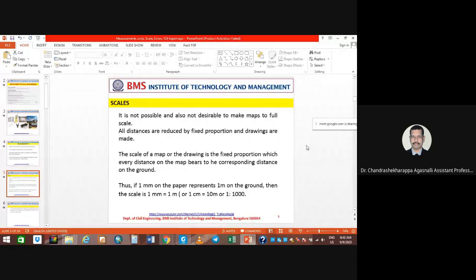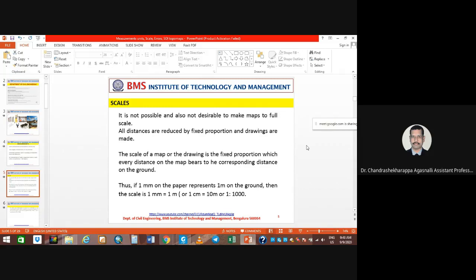1 centimeter is equal to 100 meters. So 1000 meters is equal to 1 kilometer. So you need 10 centimeters. If you are going to fit the 1 kilometer by 1 kilometer boundary onto A4 size paper, you need just 10 centimeters width and 10 centimeters length.